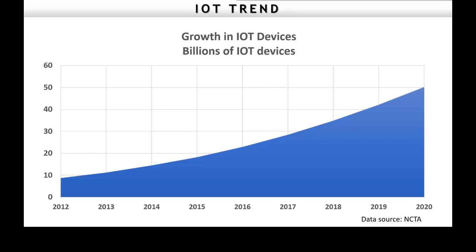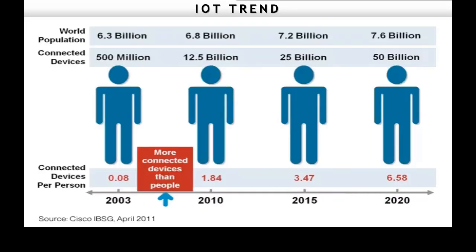If I show you this graph a little differently, I think it's going to make more sense. This is the population against the IoT population. As you can see, in 2020 we have 7.6 billion people on Earth, but we have 50 billion IoT devices. That almost makes 6.58 per person.